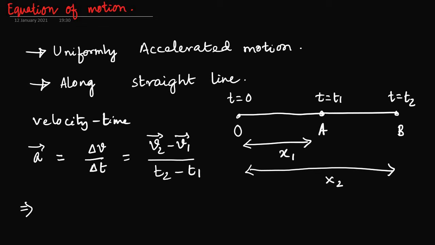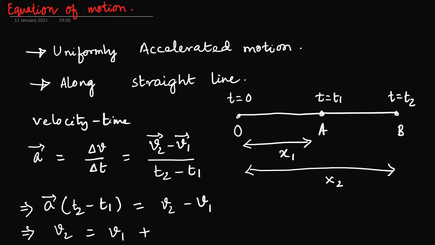If I cross multiply the t2 minus t1 with a, it would be a into t2 minus t1 equals v2 minus v1. So this is basically the equation we want: v2 equals v1 plus a times t2 minus t1. I simply moved v1 to the other side.